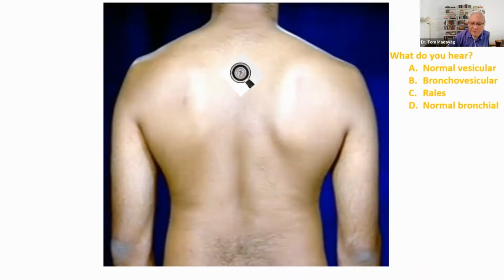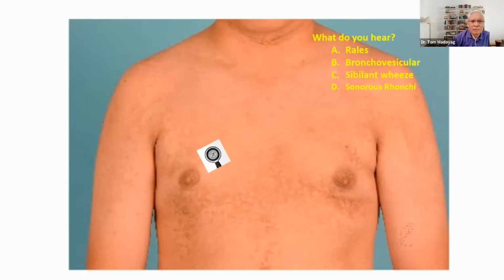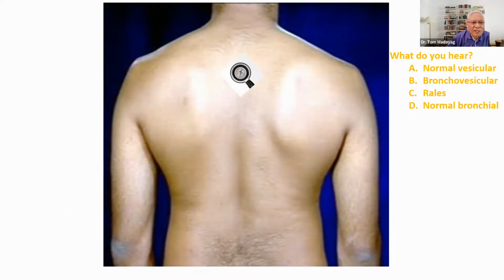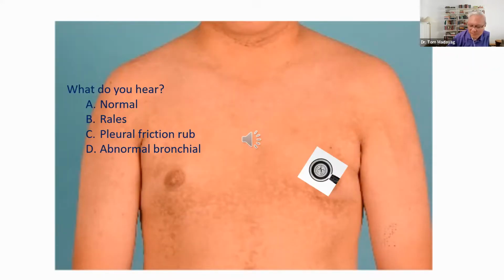Okay, let me repeat it again. Right there, right? All right, I'm glad to see that most of you were able to identify that this was a discontinuous sound, and it could either be a rale or a pleural friction rub. And I don't blame you. They sound the same.